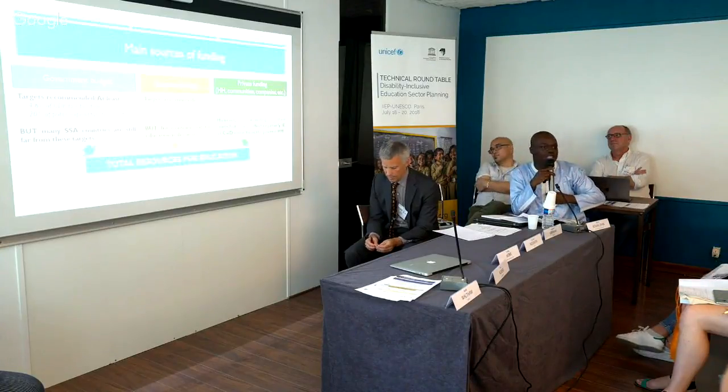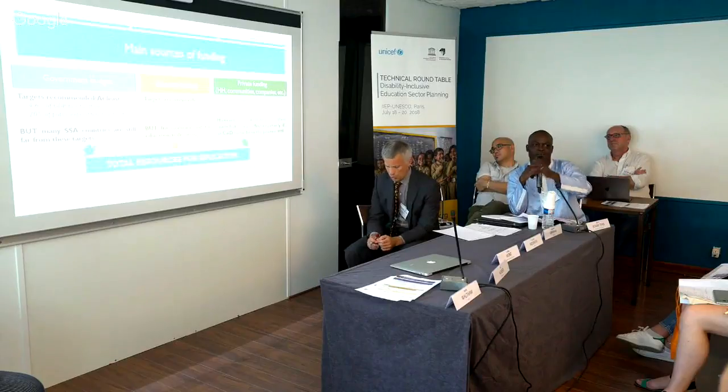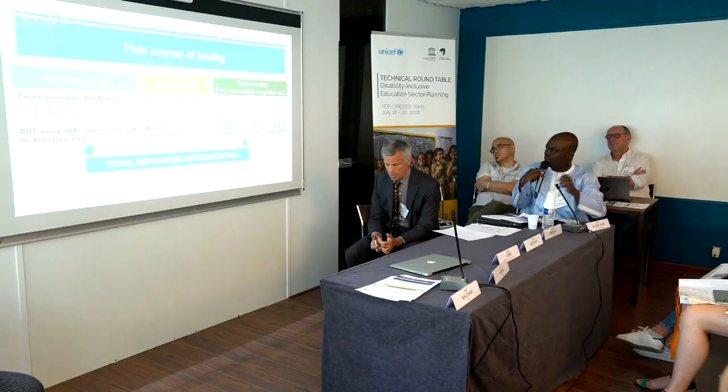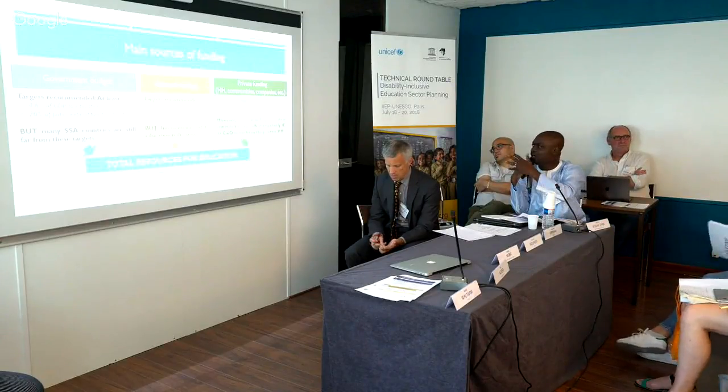So we have private funding. Regarding private funding, we know that households are contributing significantly to education financing. We don't know much more about private company funding. Maybe this is a way to explore. But if I focus on households, expanding their contribution can affect inclusive education negatively.